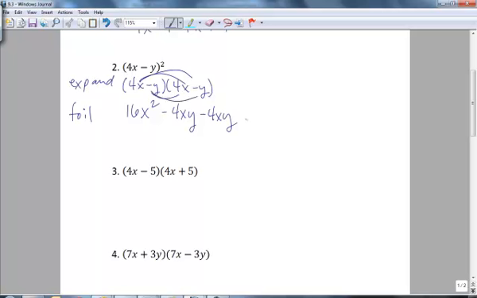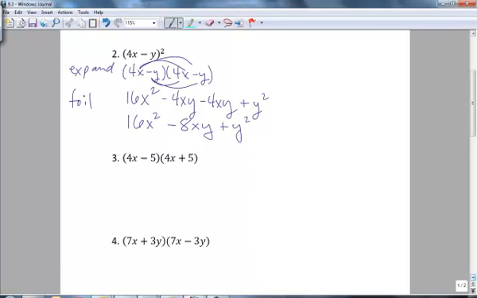Whenever you're expanding and then foiling, that'll happen. And then, of course, the negative times the negative is a positive, and y times y is y squared. In case you didn't understand that, the next step is to combine your middle terms. So 16x squared minus 8xy plus y squared.